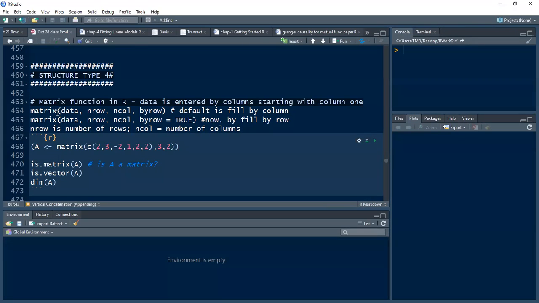You have matrix, this is the function, and then you give the data, and then you have the number of rows and the number of columns, and then you have byrow. If you indicate this to be by row, you put in the data in a row-wise manner. Otherwise, if you don't put this, the default will be that the data will be inputted by columns.